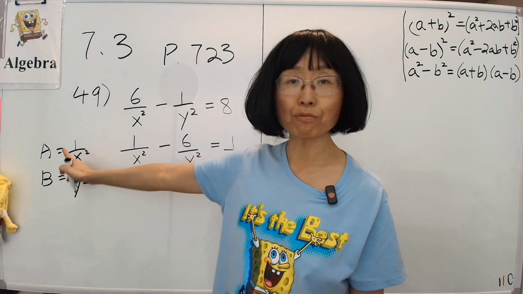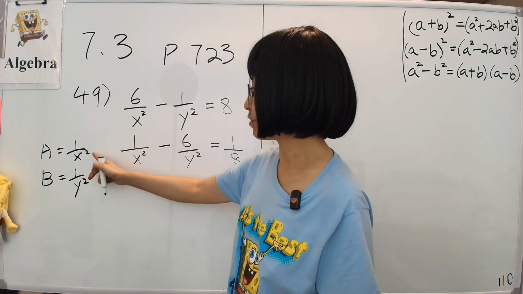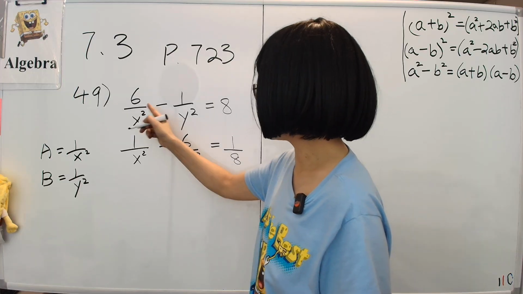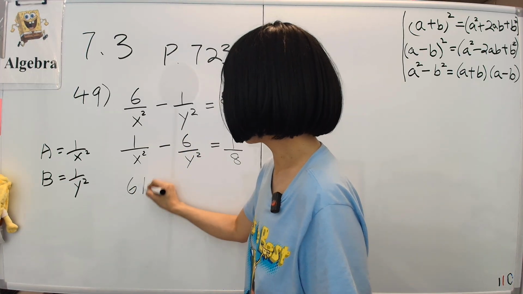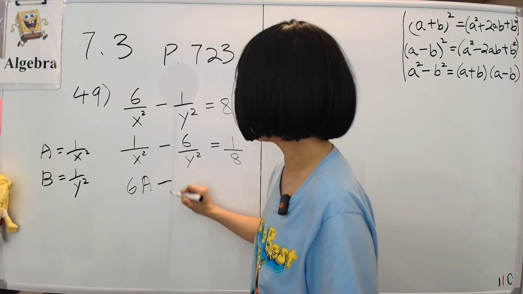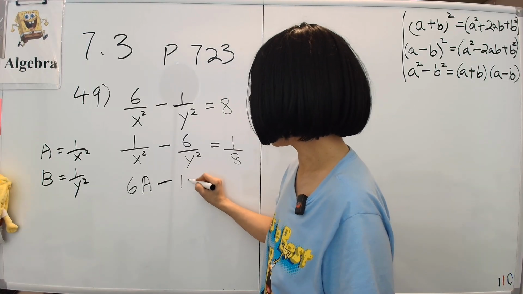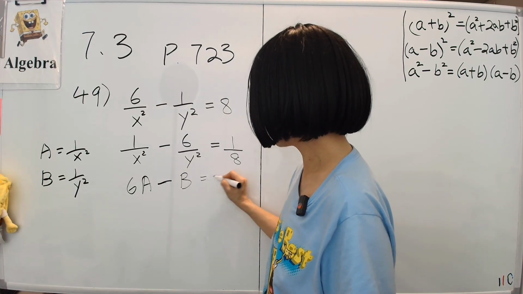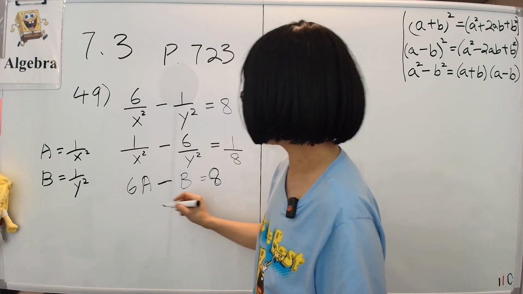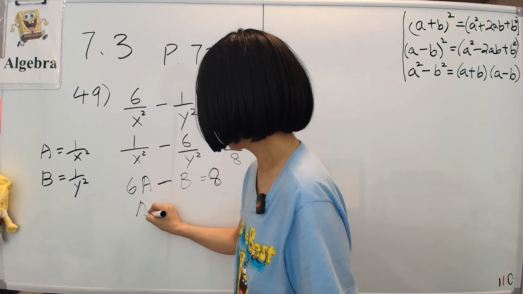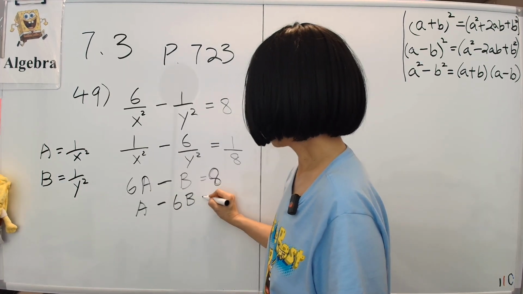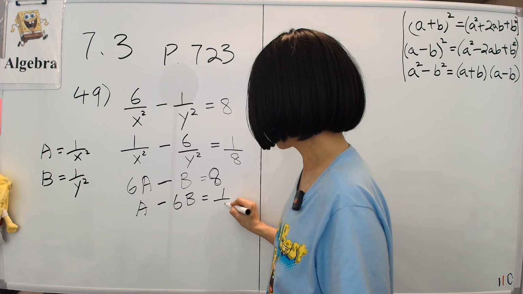Once we figure out what a and b are, then we can figure out what x and y are easily enough. So this becomes 6a minus 1b, which is just b, equals 8. And then this is a minus 6b equals 1 over 8.